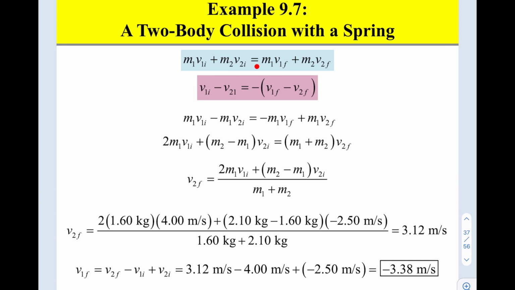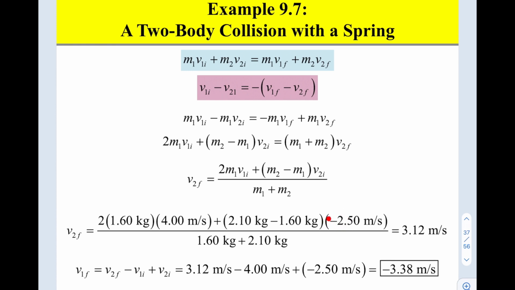If you refer to this, we do the substitution and finally figure out one of the unknowns, V2 final, which is equal to this. If you substitute the rest of the information, you will get V2 final as 3.12 meter per second.